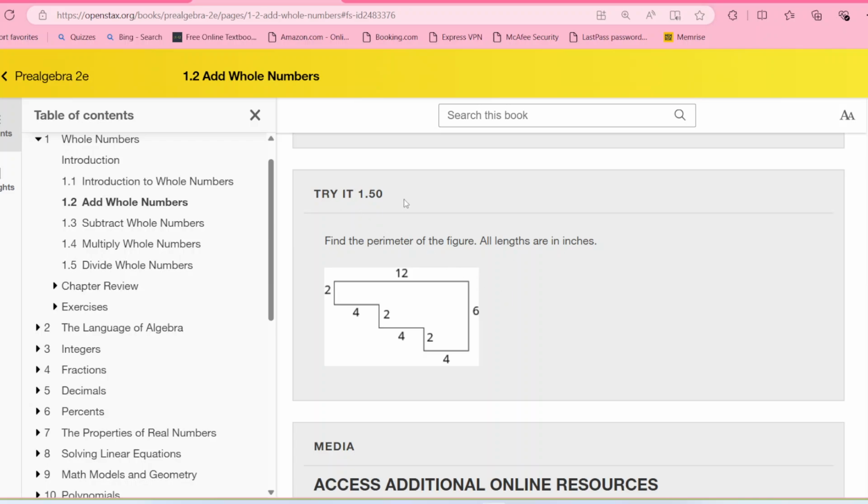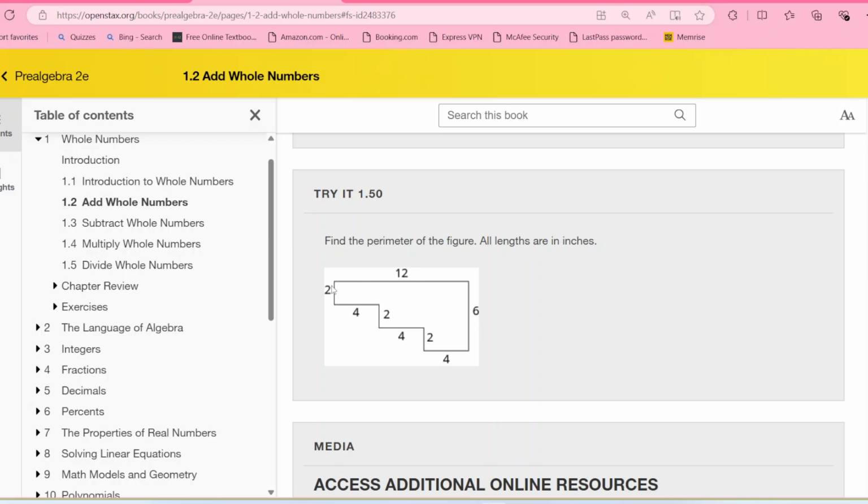Try it 1.50, another perimeter of a figure. So find the perimeter of the figure. And once again, all lengths are in inches. So there's 12 inches plus 2 inches, 4 inches, 2 inches, 4 inches, 2 inches, 4 inches, and 6 inches, right?